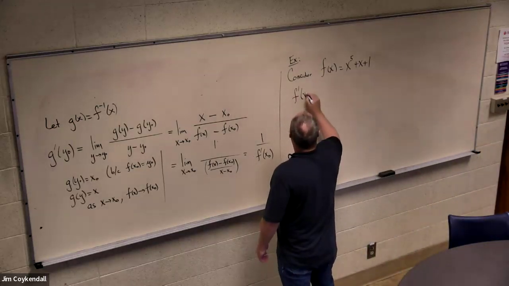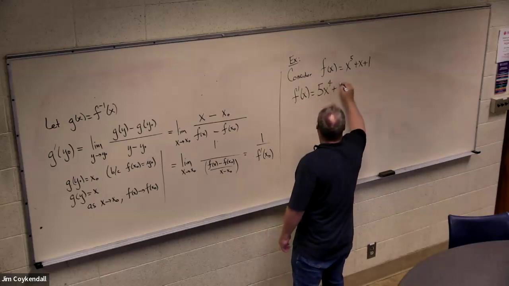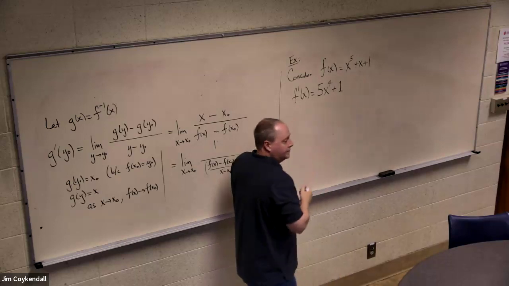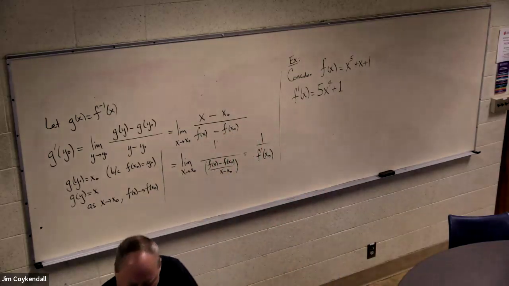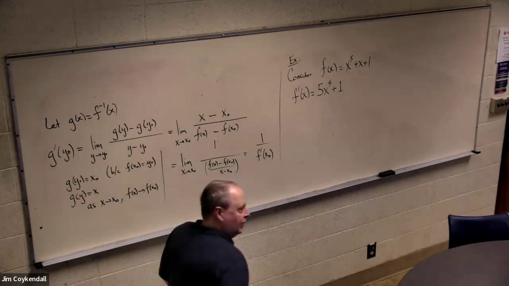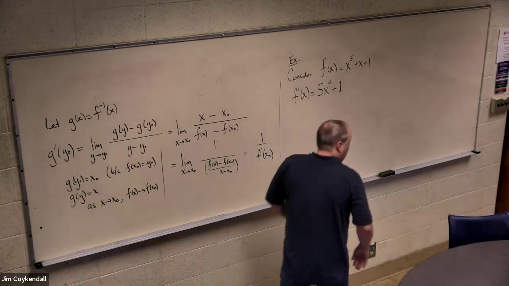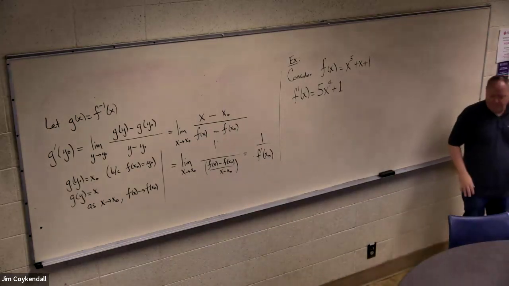Okay, good. I also claim, now here's one that you might have to scratch your noggin a little bit about. I claim this function is also one-to-one. So in particular, it has an inverse.